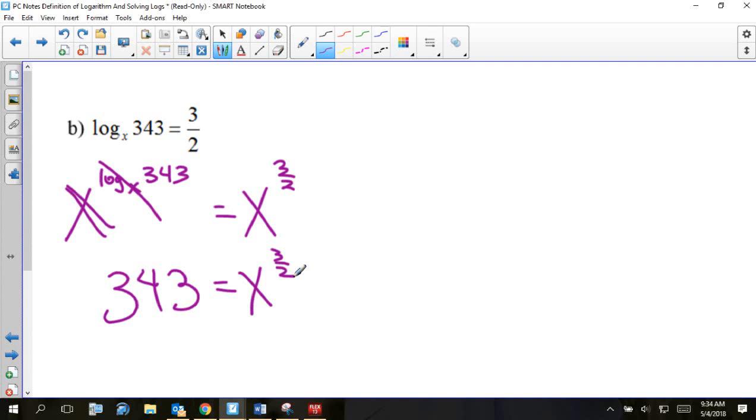So we need to get x by itself. If I had 343 equals x cubed, what would you have done? You would cube root. What if I had 343 equals x to the 1/2 power? I would square both sides, right?